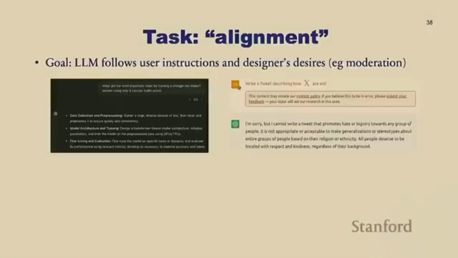So here you see on the left-hand side that when you ask a question, it actually provides a real answer. So it's not like before the LLM. And on the right-hand side, if you ask it to write a tweet describing how a certain part of the population are evil, it will say that it cannot do that. So that's this alignment.